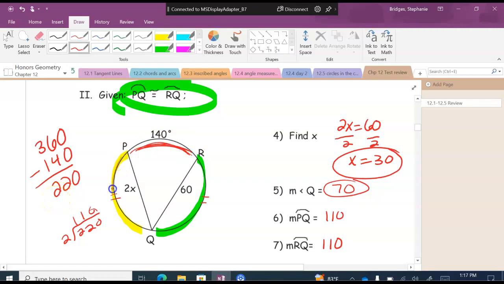And then I needed to divide it in 2 because each one of these other 2 remaining arcs are equal. So I just took the 220 divided by 2 and got 110. And so that's the measure of PQ and RQ. Make sense? And that equals RQ, right? Yes, RQ and PQ.